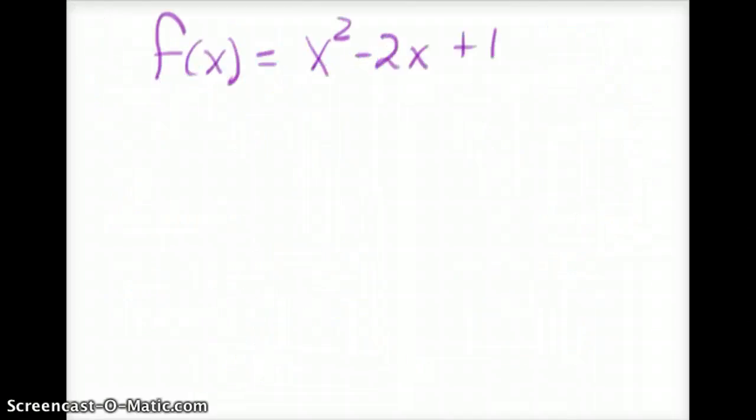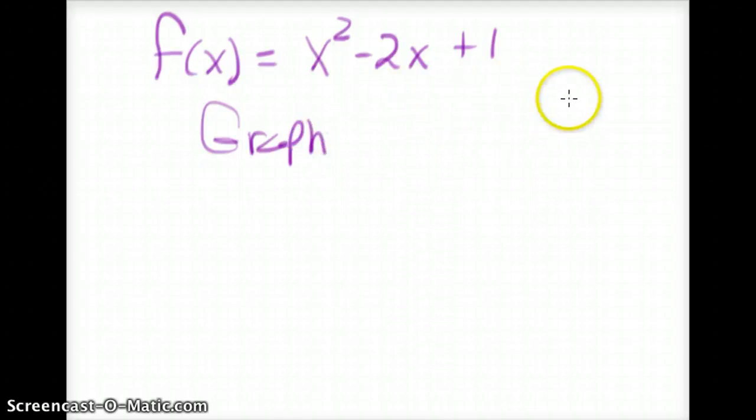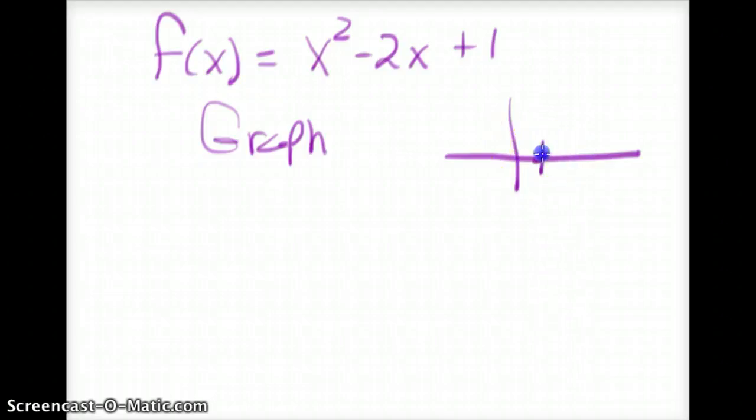Okay, I'm going to get to some assignment problems in just a brief moment, but I want to make sure we get the general gist. So here's the function. Can I graph it? Well, you can plug it in your calculator, which is fine. It's going to have an x-intercept there, and a y-intercept here. The function, of course, is symmetric. It's going to look like this.